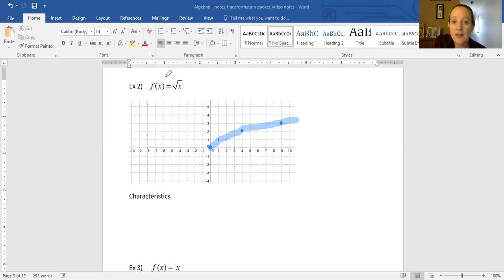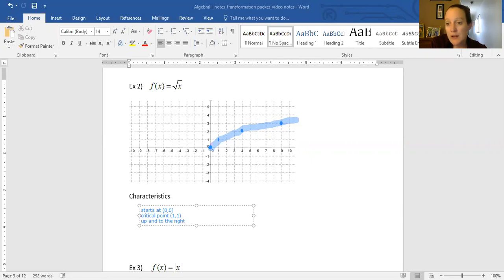Okay, characteristics. It starts at 0, 0. Critical point is going to be that 1, 1. It goes up and to the right.